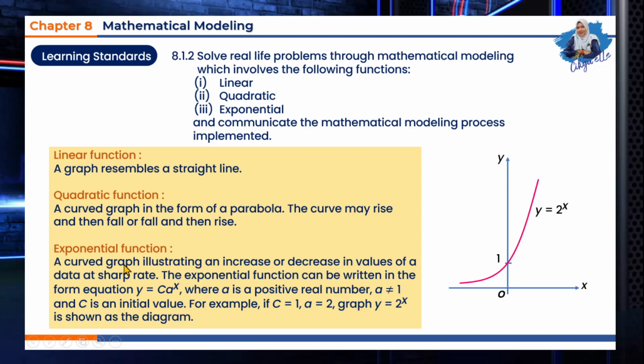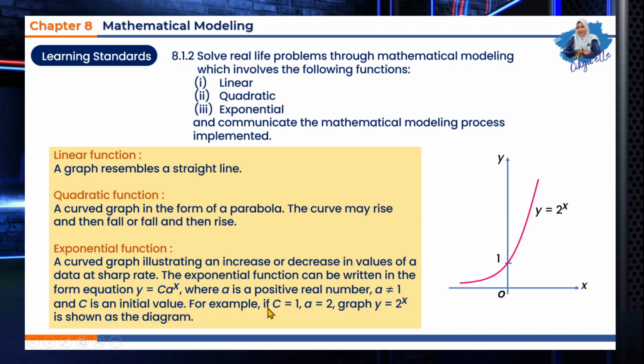What is exponential function? It is a curved graph illustrating an increase or decrease in values of a data at a sharp rate. The exponential function can be written in the form of equation y equals c a power of x, where a is a positive real number and a cannot be equal to 1, meaning other than 1, and c is an initial value.